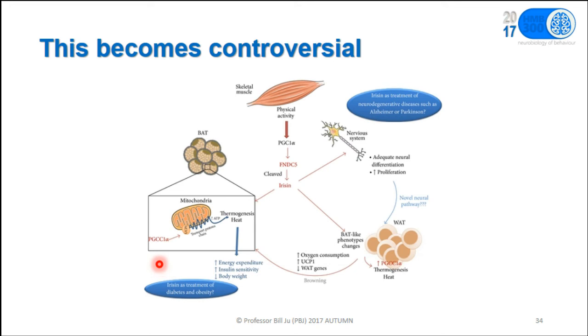Skeletal muscle, as it undergoes physical activity, as it starts to contract, will increase the levels of PGC1 alpha, activate PGC1 alpha.